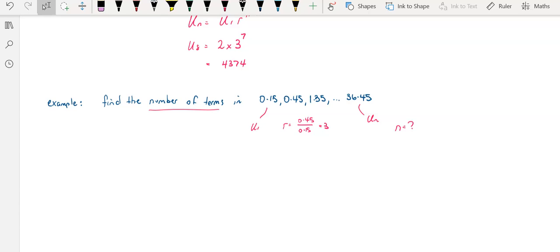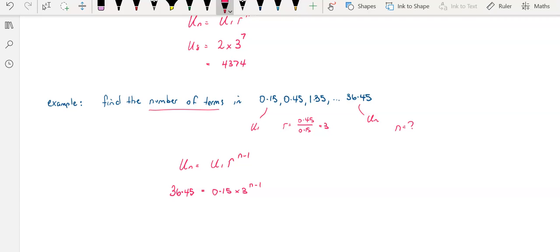So if 36.45 is my un, I'm again using un equals u1 by r to the n minus 1. I put in my un, that's 36.45. I know my u1, that's 0.15. I know my r, that's 3. I don't know what n is, so that's 3 to the n minus 1.